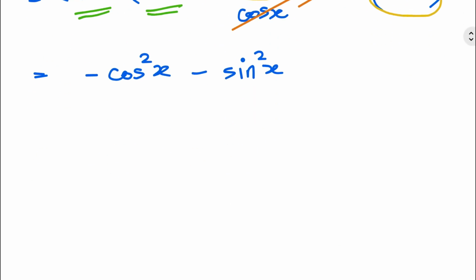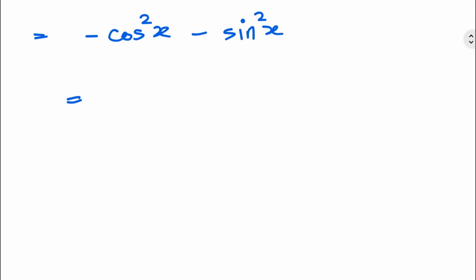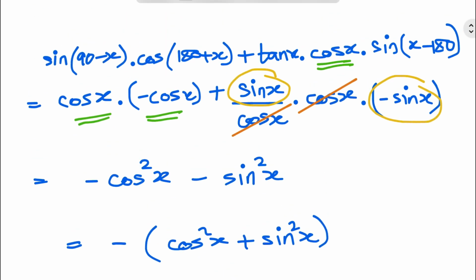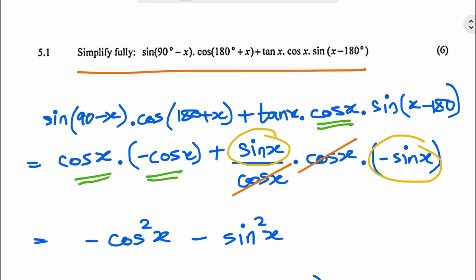I'm simply going to factor out a negative here to get cos squared x plus sine squared x. When we're adding sine squared plus cos squared, that is simply equal to 1. And this is therefore your final answer. So all of this is simply equal to 1.